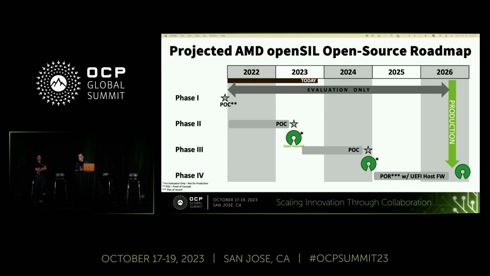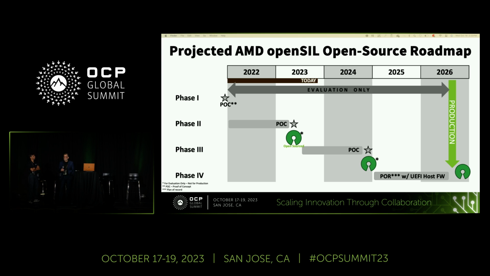So here's the roadmap. We started off as a POC in very early 2022, based on the Milan platform. The second phase we just completed early this year, right after the Prague summit. We open sourced OpenSIL for the open source industry to kick the tires with it.